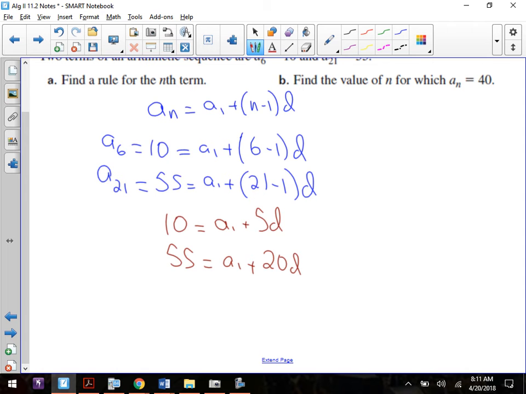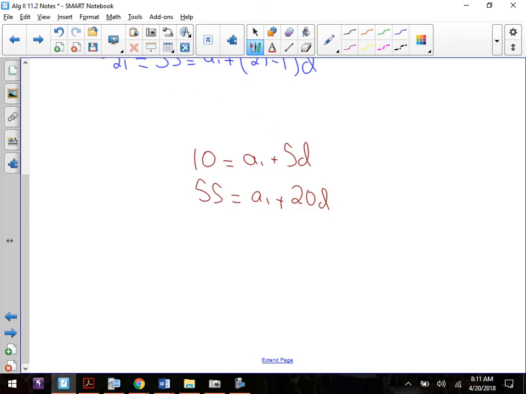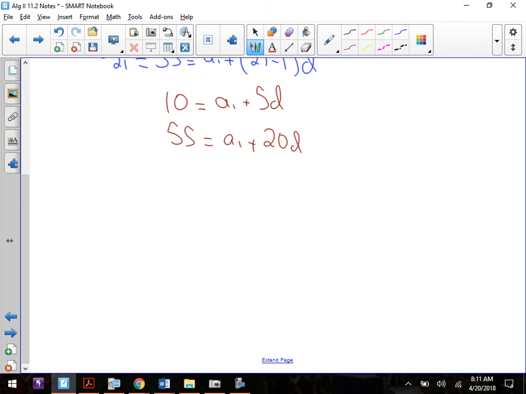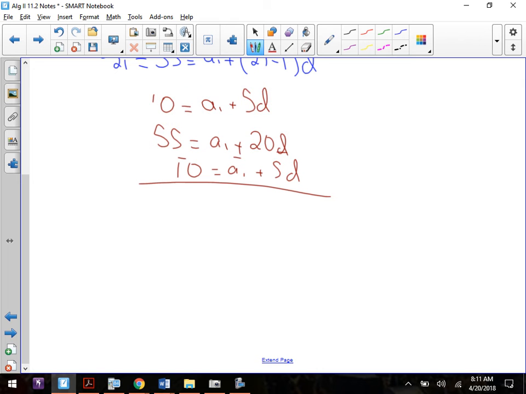So what I would do is, since the 55 part is larger than the other one, I would just rewrite this equation here and subtract all parts.